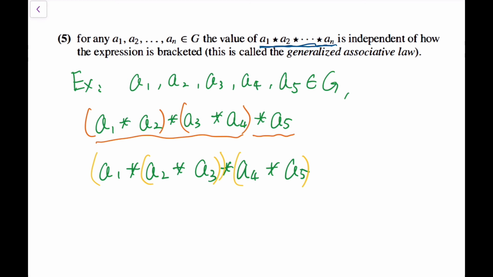So no matter how we put the brackets, we get different expressions of these operations, and the property just says that no matter how you put the parentheses, or no matter which part you do the operation first, the result will always be the same, which means for example, for those two, their result will be equal.